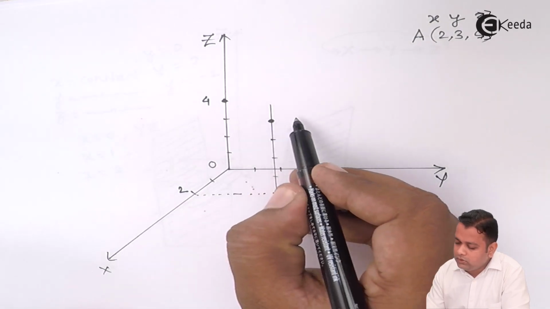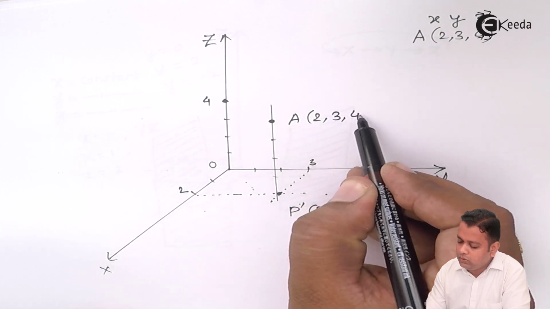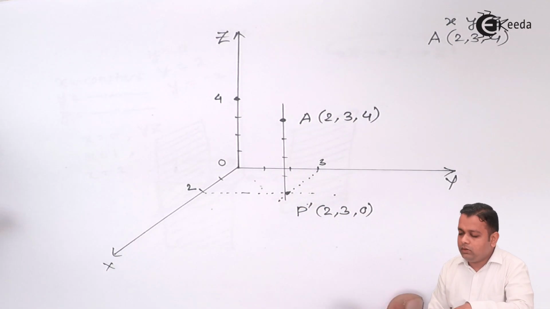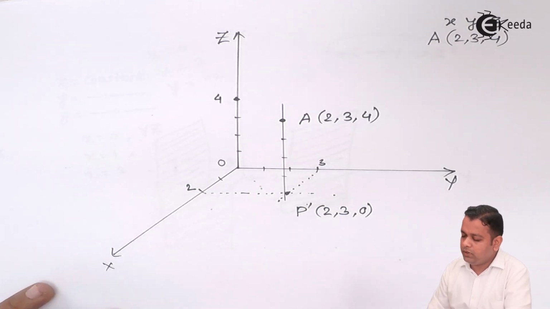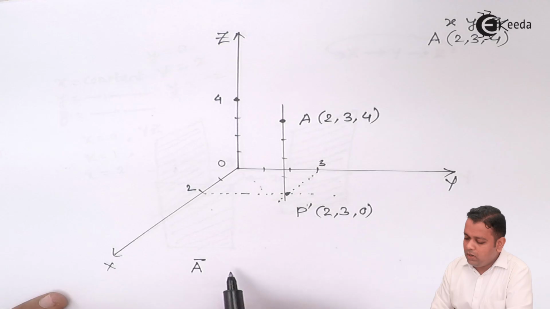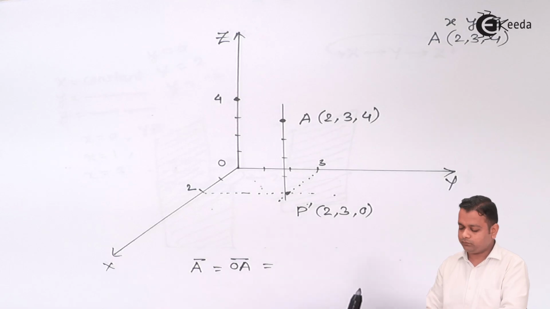Okay, so this is your point A having coordinates 2, 3 and 4. Now in terms of vector, if you have to represent A bar or OA bar, it is one and the same representation.